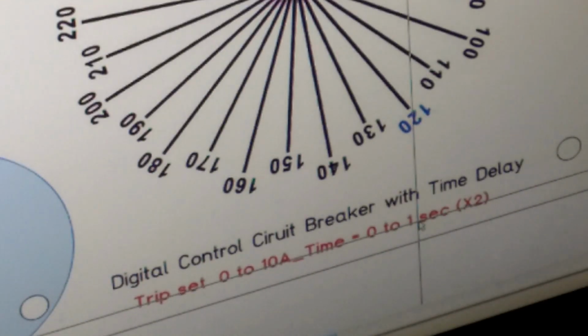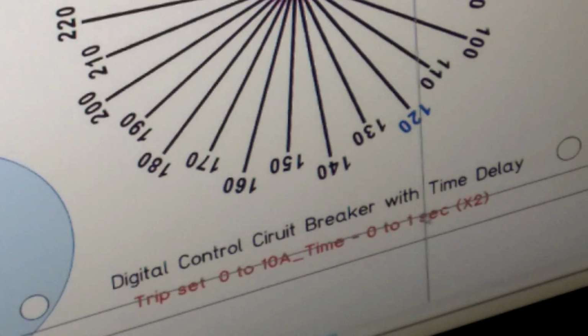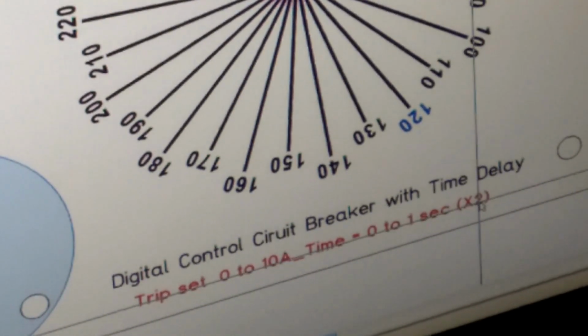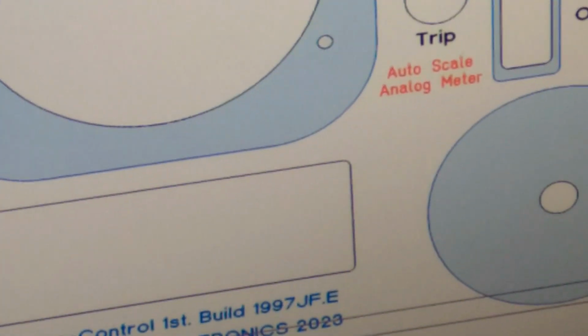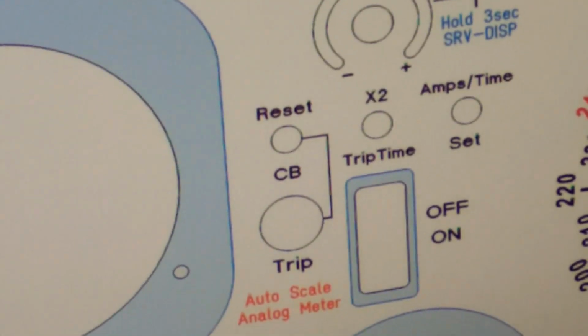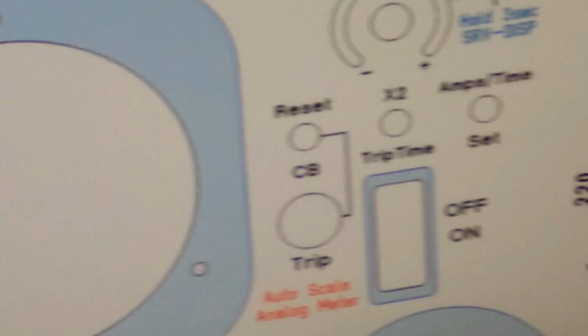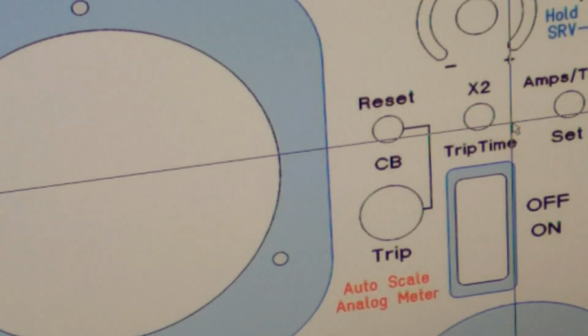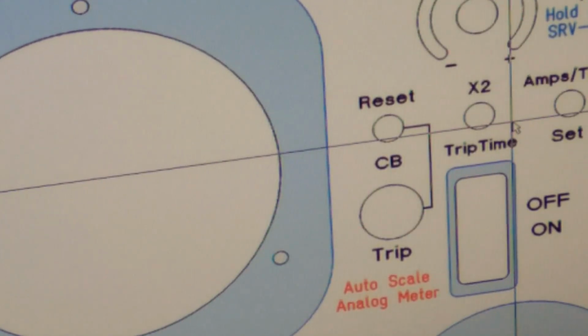So I can increment pretty much 1 millisecond up to 1 second, and then when I press the switch by 2, it will double it. It will be 2 seconds, which probably I'm never going to really use. It's only if you're going to have something like running a motor with your Variac. But I've put it in because I had the facilities and the circuit to do it.